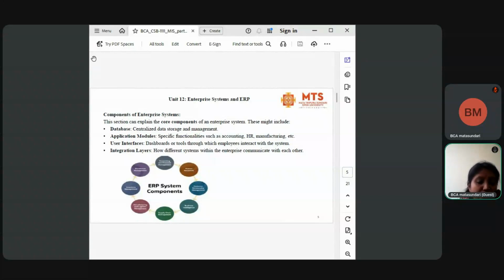In the user interface, dashboards are tools through which employees interact with the system, and the integration layer is how different systems within the enterprise communicate with each other. So these are the components of this ERP enterprise system. Now go to the next slide.